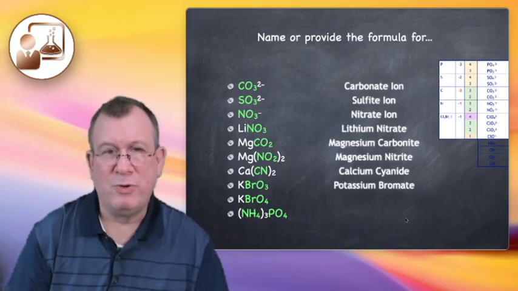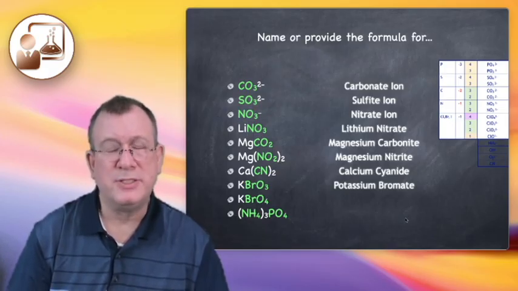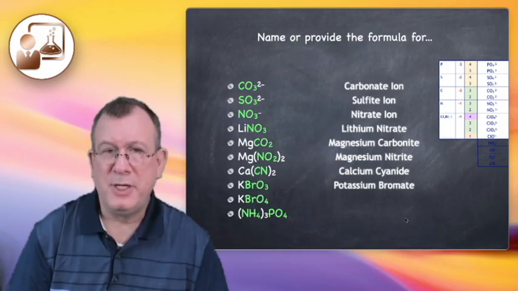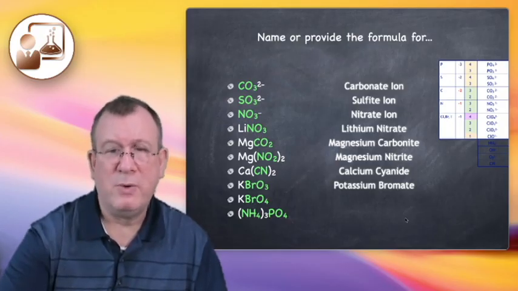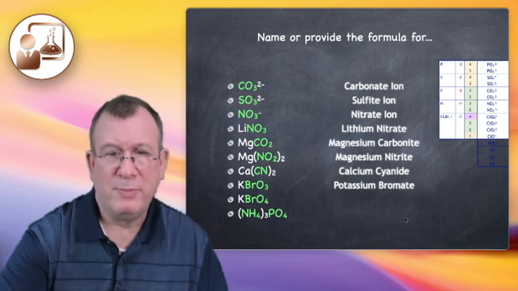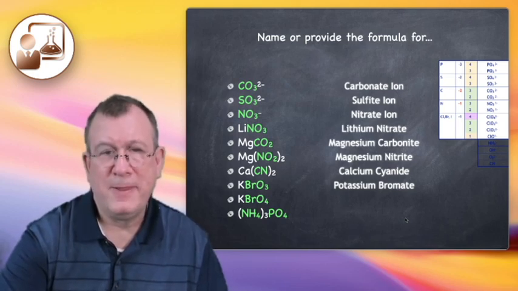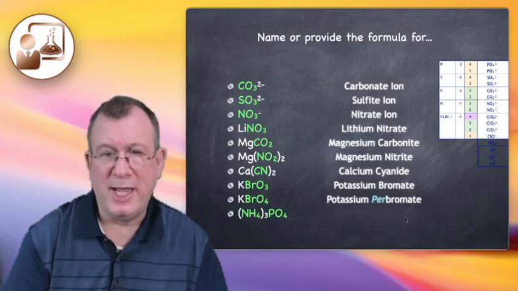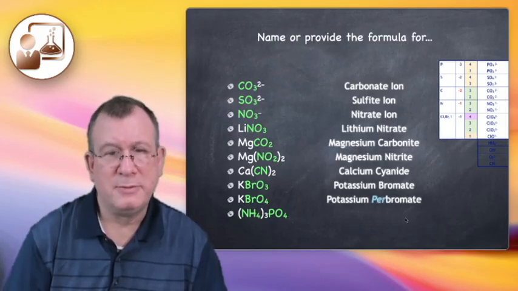Now I got BrO4. Wait, the biggest one was 3, so this is bigger than the biggest. Bigger than the biggest is still a bromate, but it's a supersized one. What do I call this? Well, I'm bringing together the potassium ion and the perbromate ion. So now I have potassium perbromate.